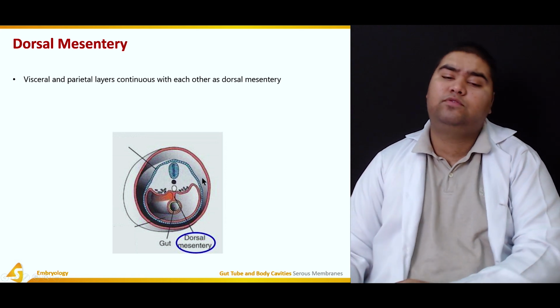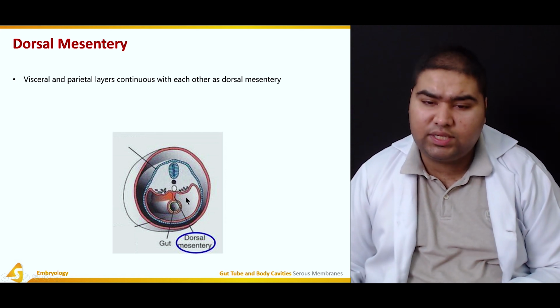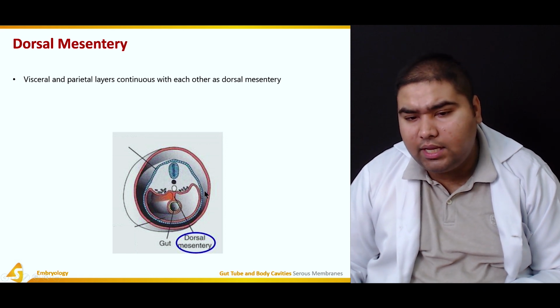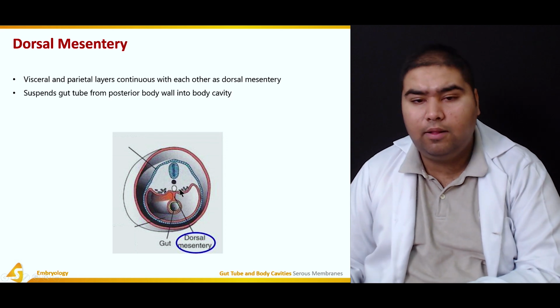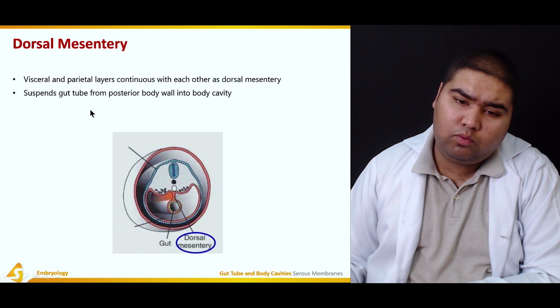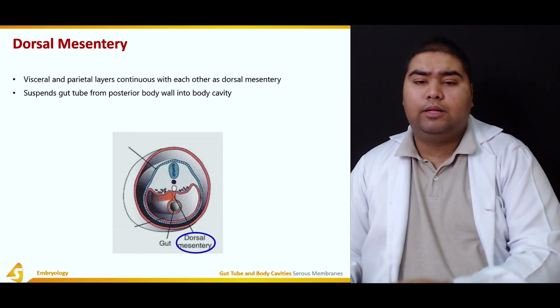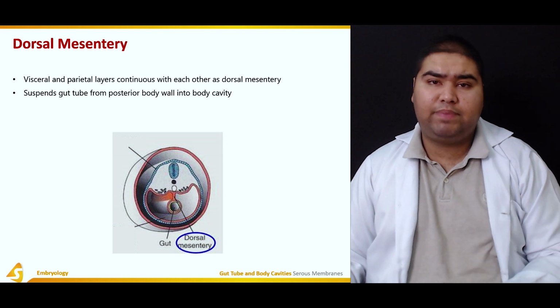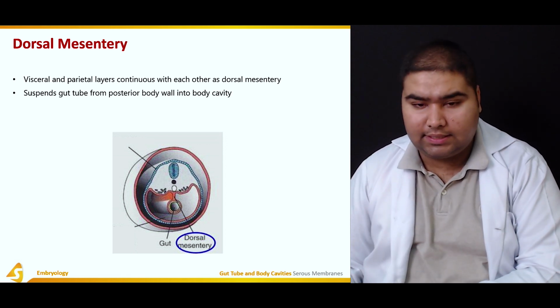So the dorsal mesentery is formed by a combination of the visceral layer, which is closely covering the gut, and the parietal layer, which is lining the body wall. It suspends the gut from the posterior body wall into the body cavity.